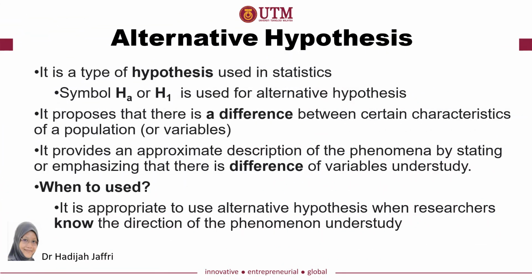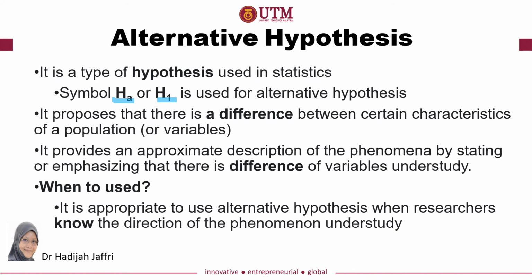The second type of hypothesis is known as the alternative hypothesis. In this kind of hypothesis, the symbol used is HA or H1. The alternative hypothesis proposes that there is a difference between certain characteristics of a population or the variables that you are exploring.